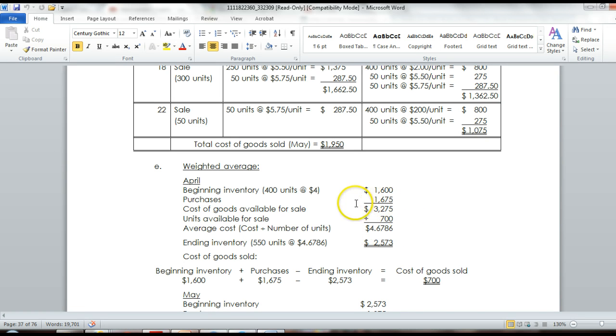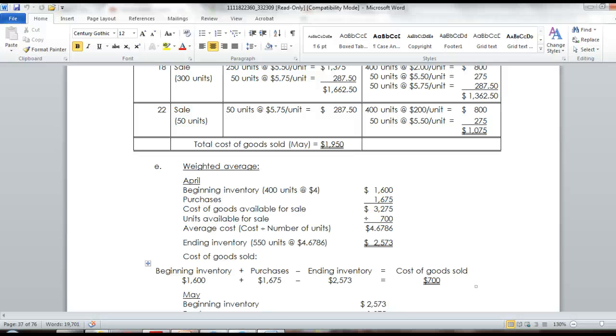If we take our total cost of goods, divide that by our 700 units, we'll see that the average cost is going to be $4.678. So our ending inventory is going to use that figure, and our cost of goods sold will also use that same figure.